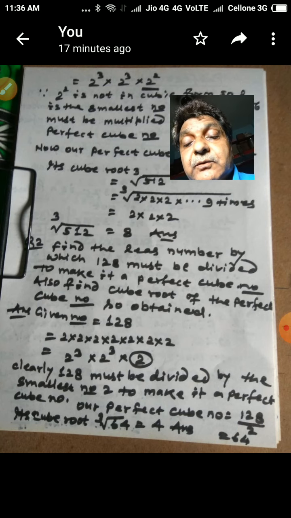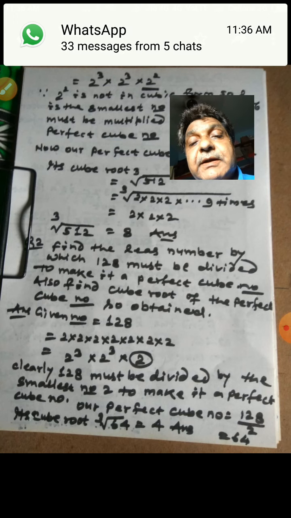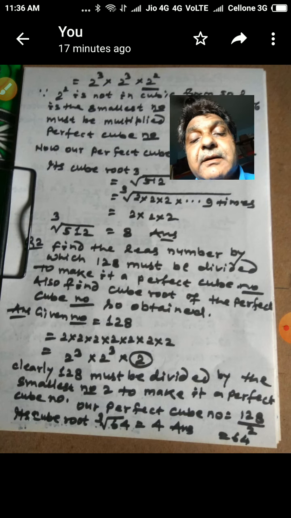So here the question is: find the least number by which 128 must be divided to make it a perfect cube number. Also find the cube root of the perfect cube so obtained. So students, we will answer as we have done in the above case, where must be multiplied was asked. Here must be divided type has been asked.